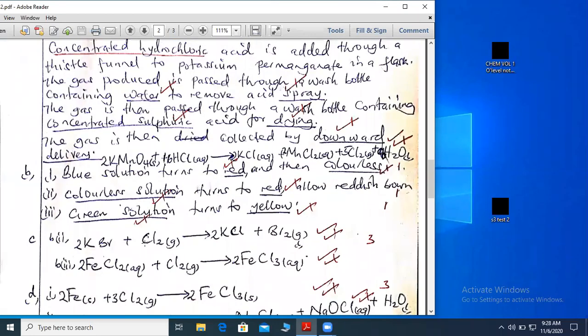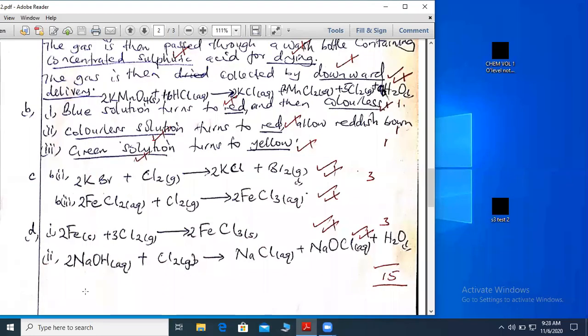Then there was a question, part D. I hope you have your question there. Write an equation between chlorine and iron. When chlorine is passed over heated iron wire, the product is iron 3 chloride. Please note that the product there is iron 3 chloride and not iron 2.